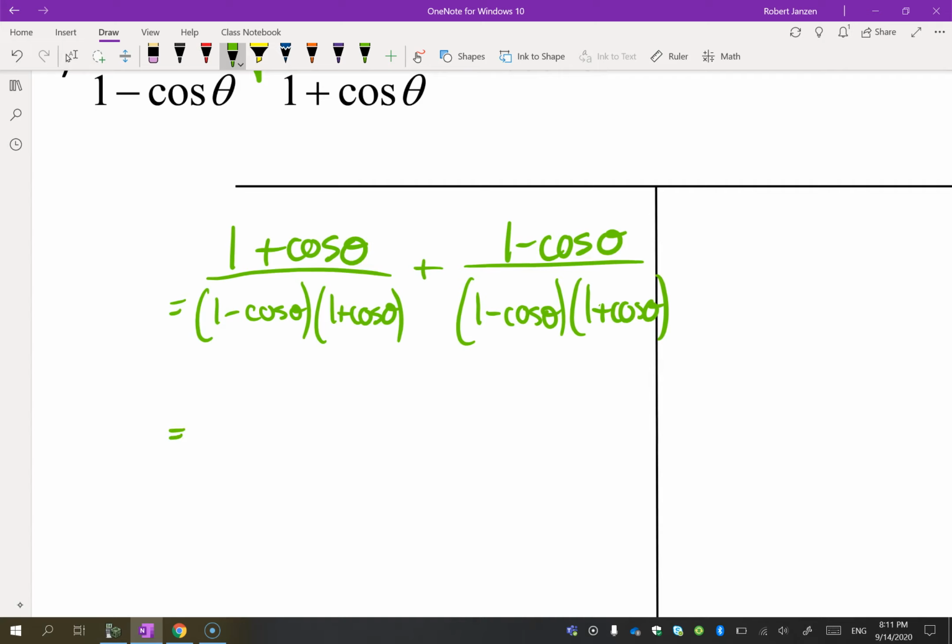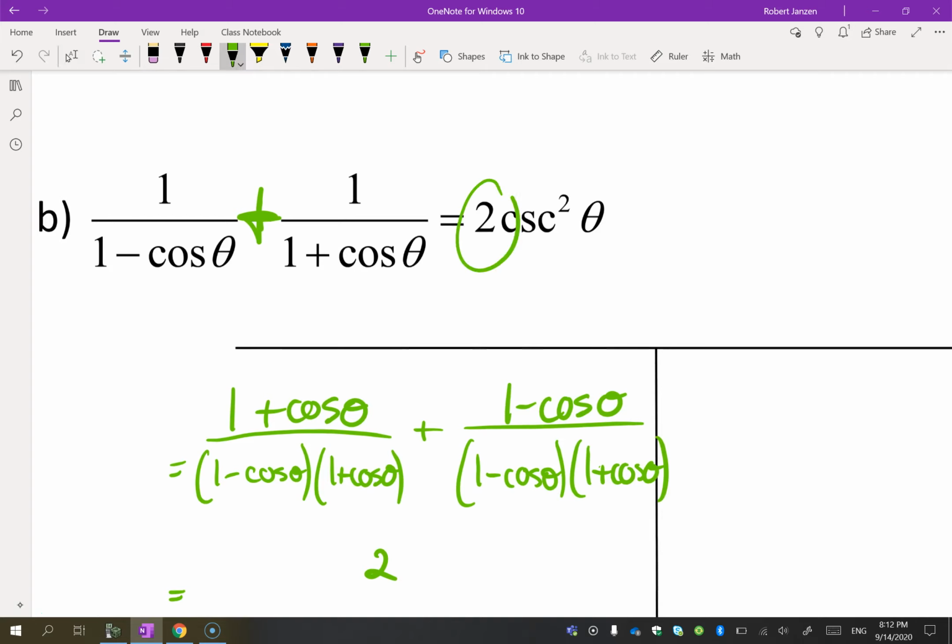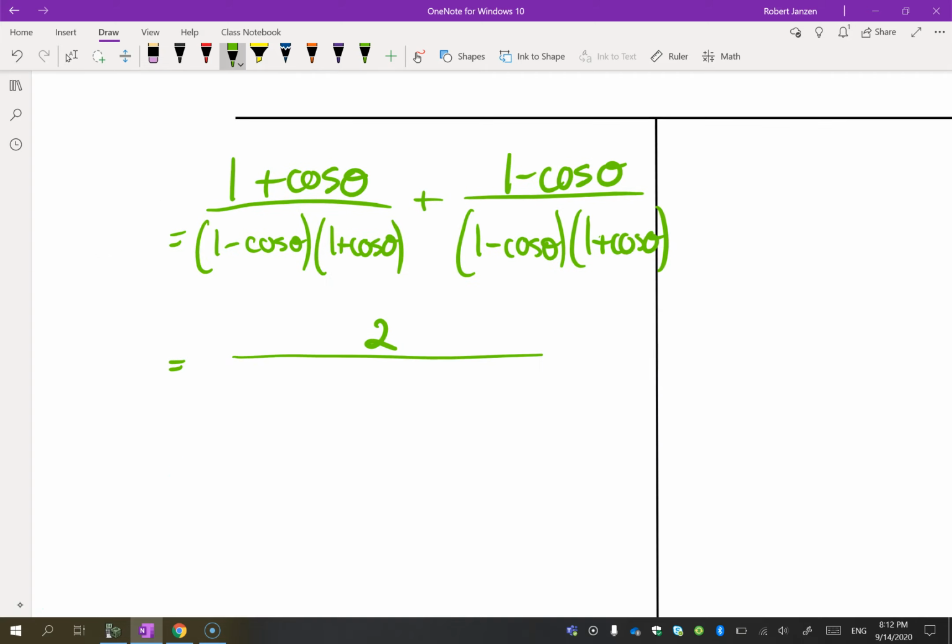Okay, if I put together the numerator, I get 2. Hey, that's kind of nice. Look what I end up with over there. And then what's on the bottom? Well, if I multiply that, I get 1 minus cos plus cos minus cos squared. And those cancel out.